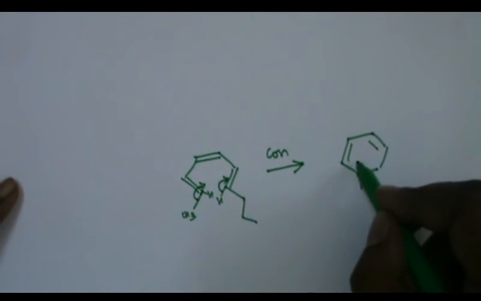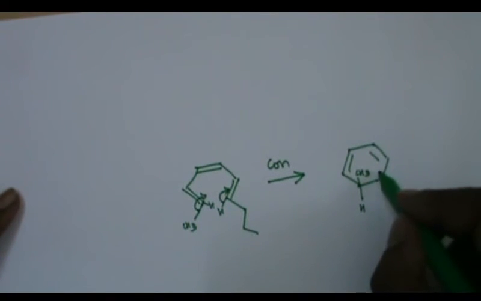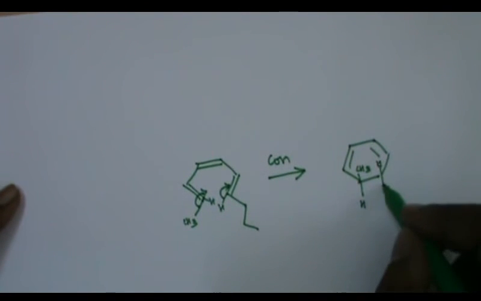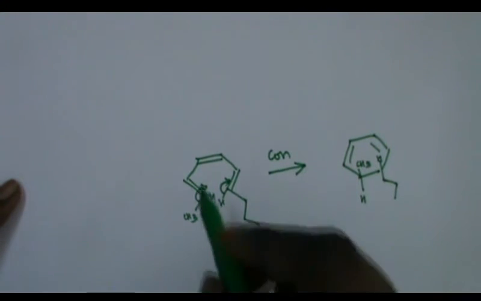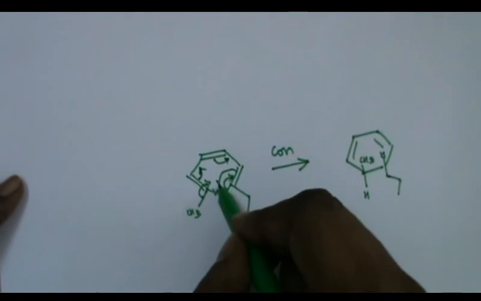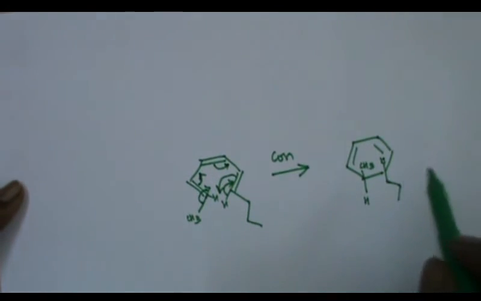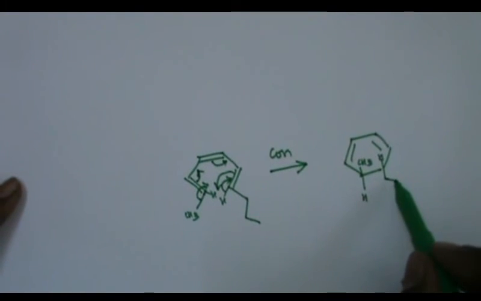CH3 goes to the top, hydrogen to the bottom. Here hydrogen goes to the top, and here. So this is how it happens. If you look at the stereochemistry, the methyl and this propyl group are trans.